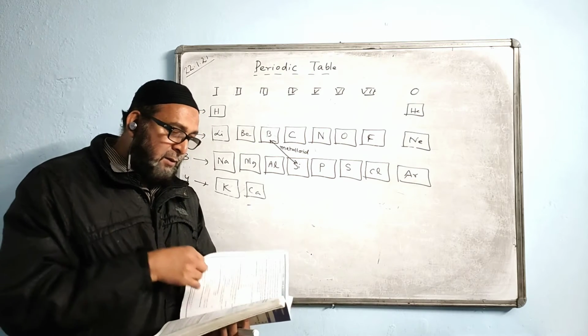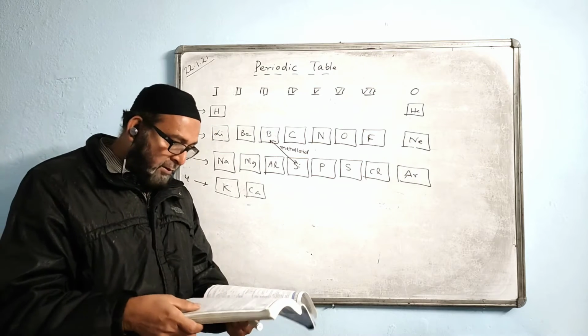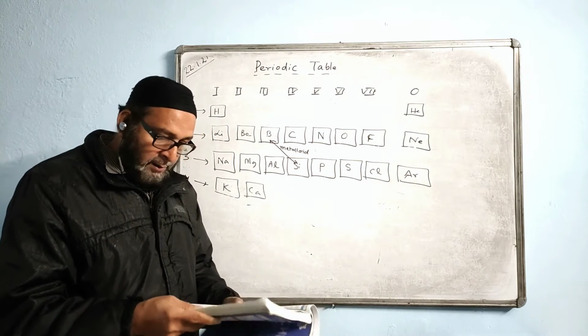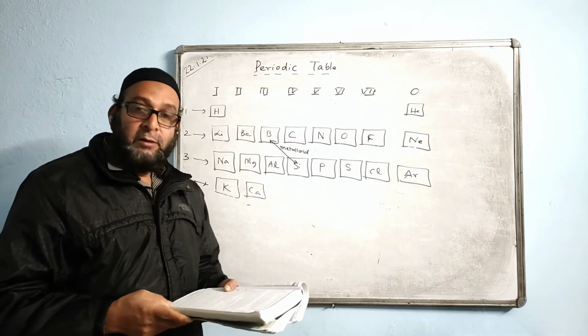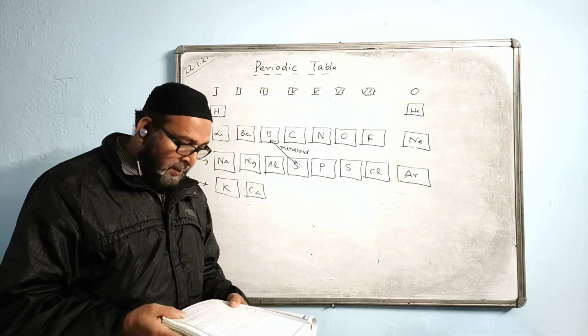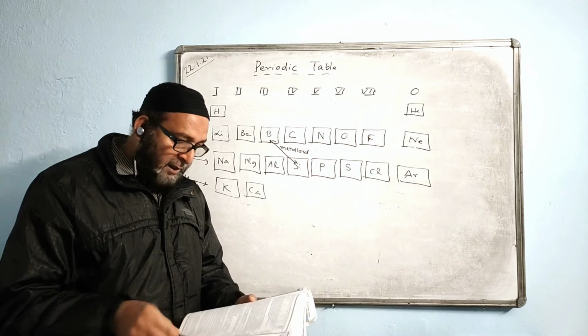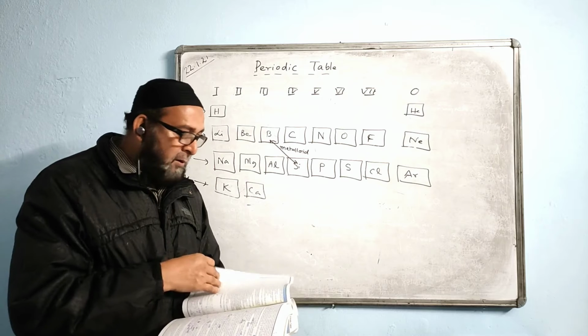Okay, now I will read one or two years' question papers so that you get an idea of it. I read the question of the year 2017. The question says, select the correct answer from the list.